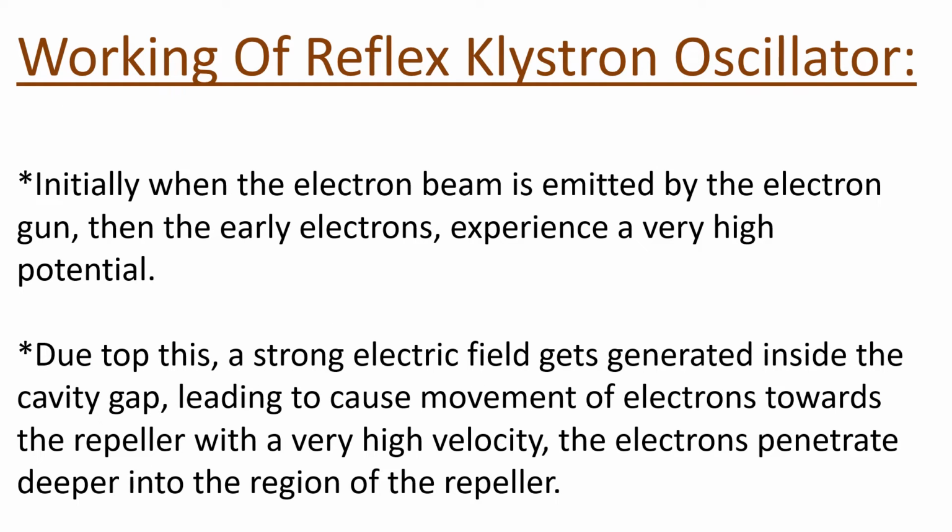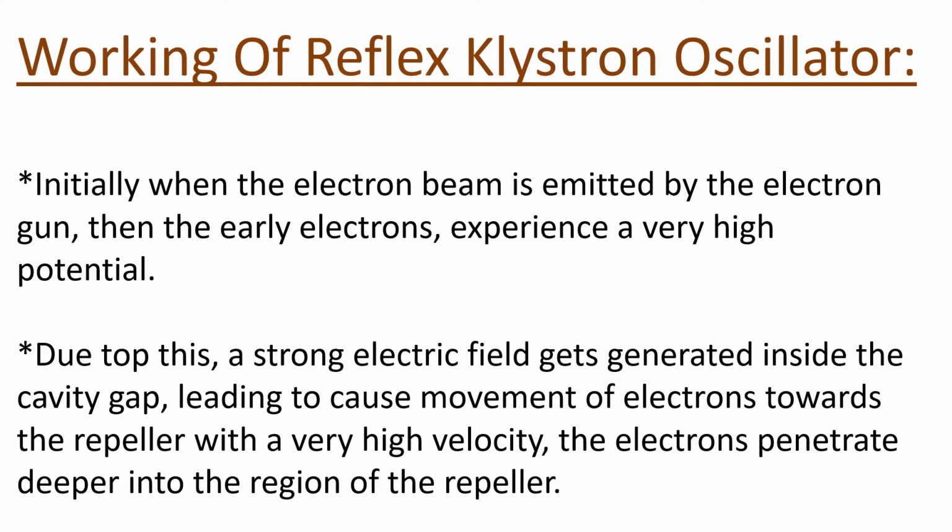And now we will discuss the working of reflex Klystron oscillator. As we already discussed, the fundamental principles of operation of a reflex Klystron are velocity and current modulation. Initially, when the electron beam is emitted by the electron gun, the early electrons EE experience a very high potential.